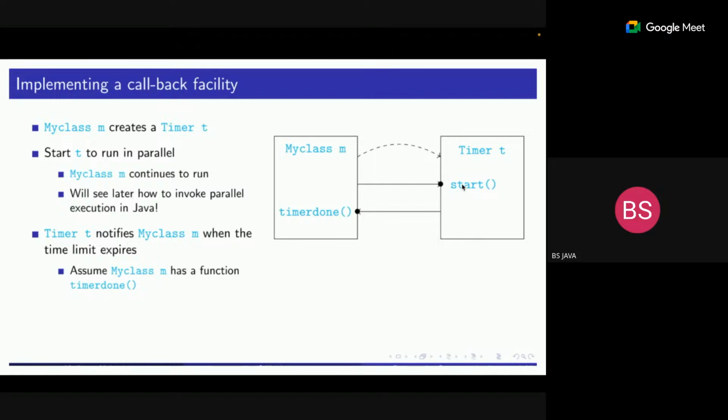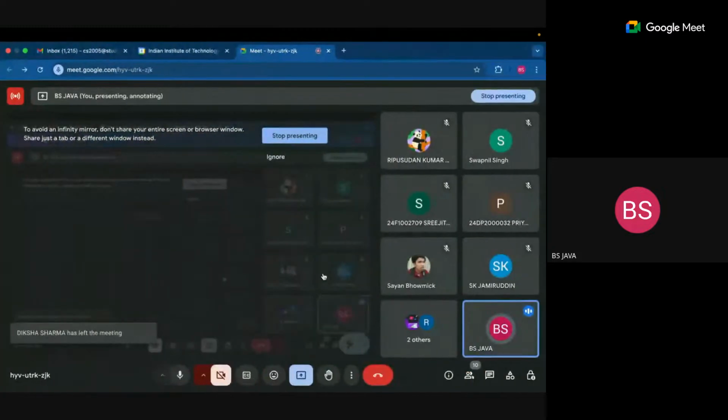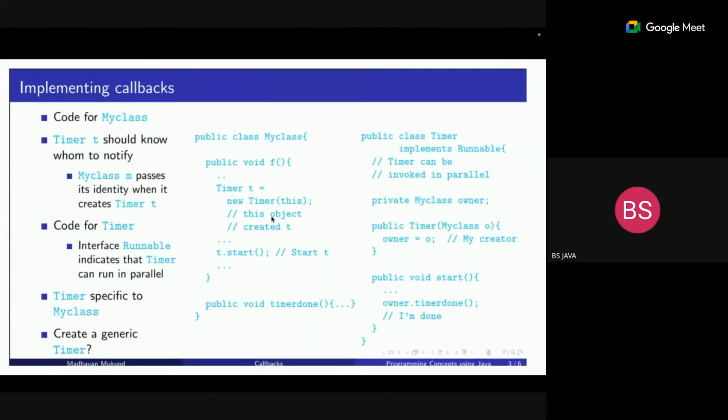Now see this Timer class, and we'll see the code for this MyClass here. In this pseudo code, we have an f method in MyClass, and this f method is going to create an object of Timer, where t is our object.